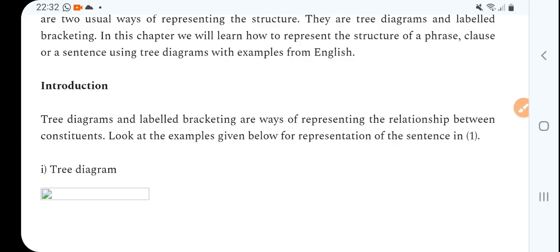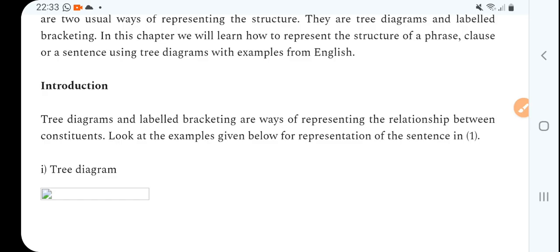In this chapter we will learn how to represent the structure of a phrase, clause or sentence using tree diagram with examples. Here the tree diagram is not opening, but we will try to understand through explanation only.